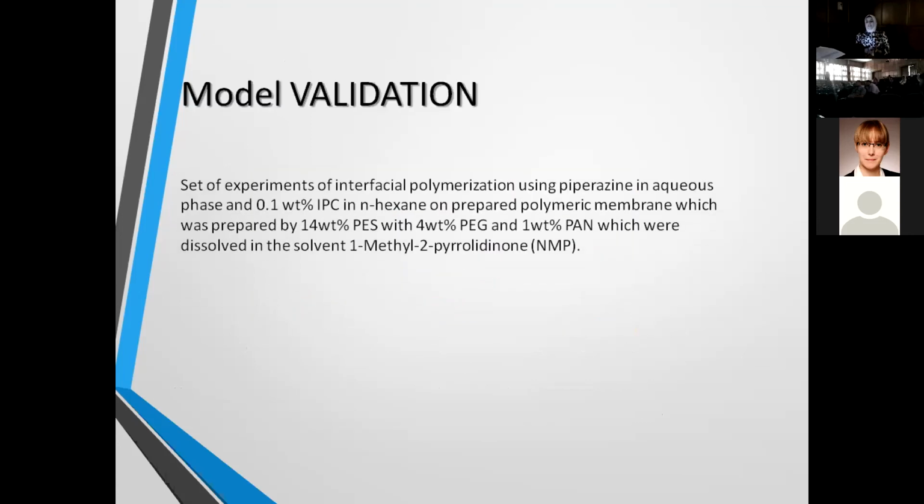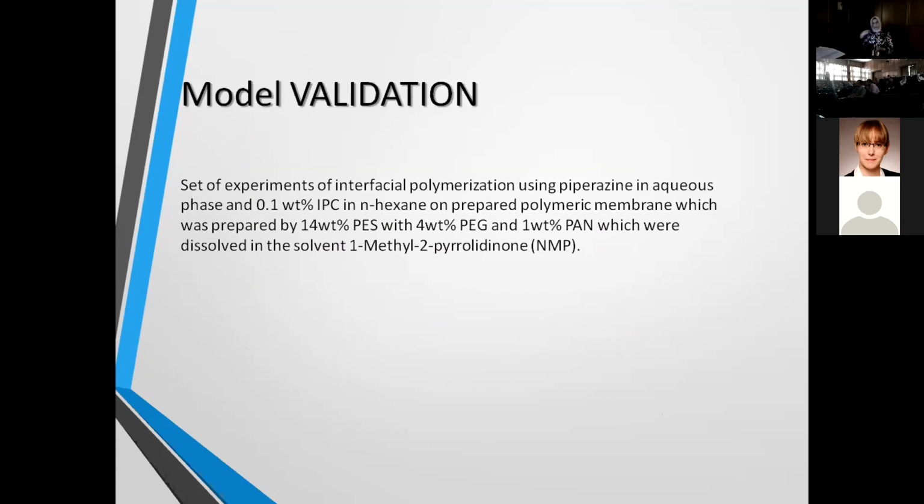Model validation: we set up an experiment to prepare interfacial polymerization and a polymeric membrane by using 0.1 weight percent isophthaloyl chloride and 2 weight percent piperazine in normal hexane.